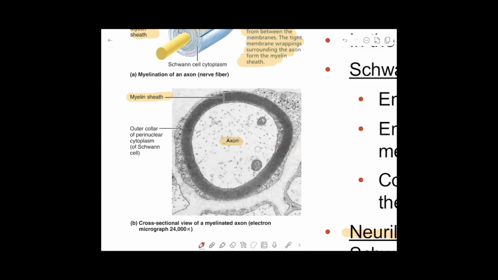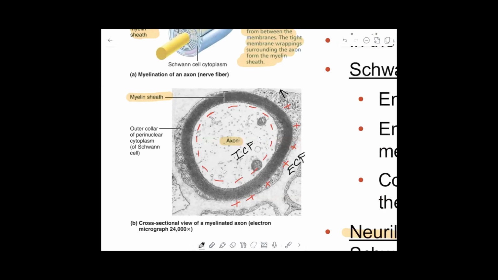The difference here is that the inside of the axon is negatively charged because the phospholipid bilayer works like a battery. The inside is negative, the outside is positive. There's extracellular fluid outside of the cell and intracellular fluid inside the cell.